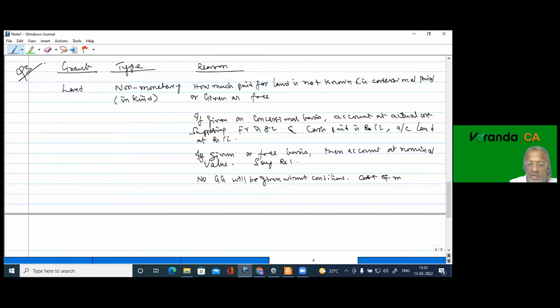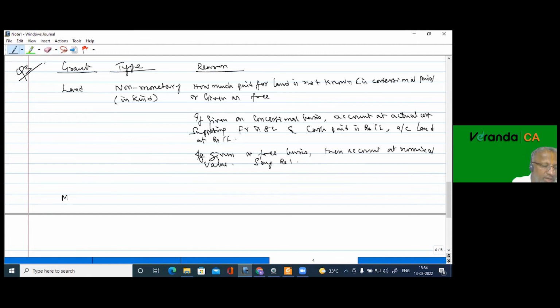The cost of meeting conditions may be the base, but in this particular case it will not be like that, because it will be a nominal value of 1 rupee. Okay, this we have taken up. Account land only at rupees 1 lakh.